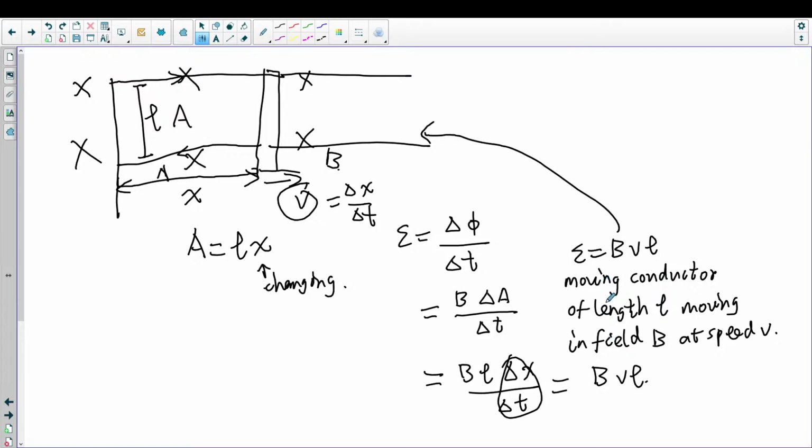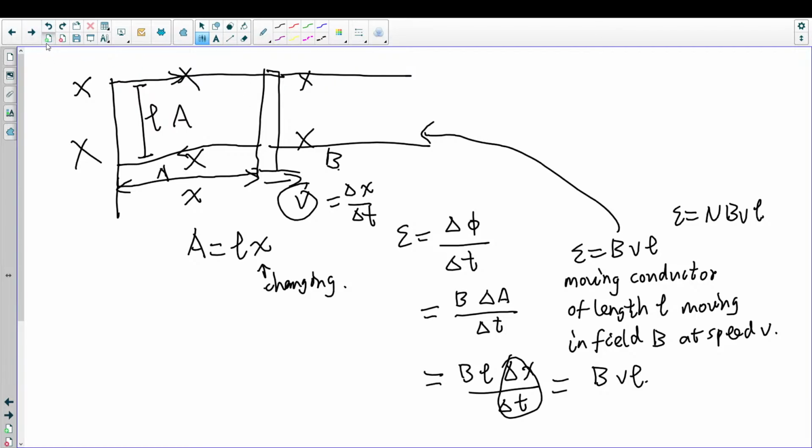And of course, if you have a bunch of conductors moving at the same time, then it's just N B v L, where N is the number of conductors moving at the same time. So no change there, nothing surprising.